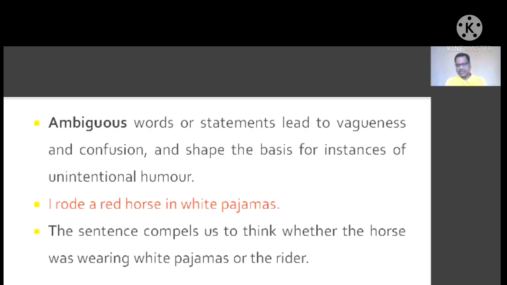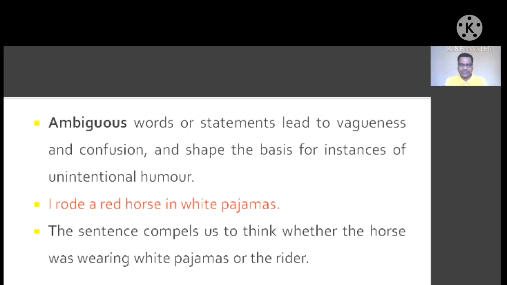The meaning one is very obvious here, that once I rode a red horse, and of course, I was wearing the white pajamas. But there is also one more possible meaning. And that means once I rode a red horse and the red horse was wearing white pajamas.